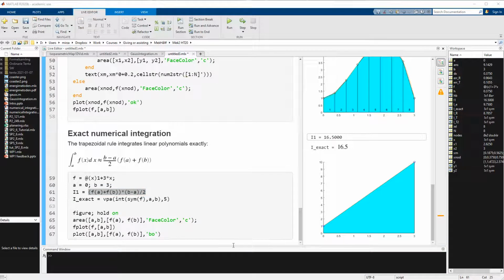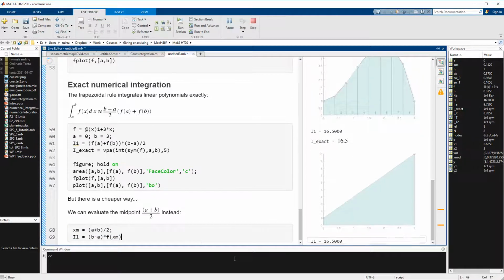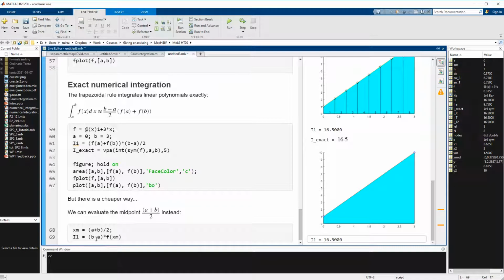If we evaluate the midpoint, a plus b over 2, around this point here, and take just this constant evaluation, we will actually get the exact integral. It's 16.5. So I'm just evaluating f in the midpoint, and I'm multiplying it by the range.